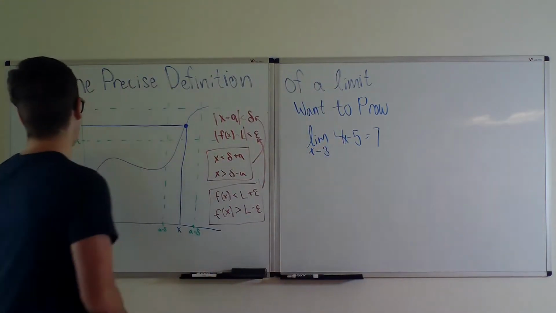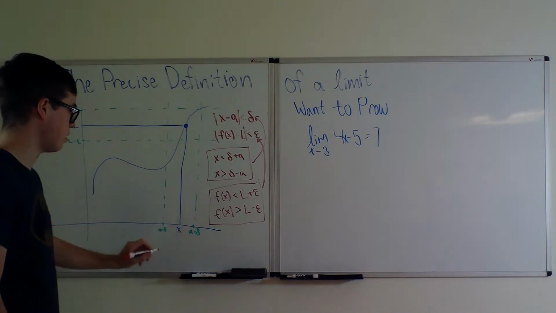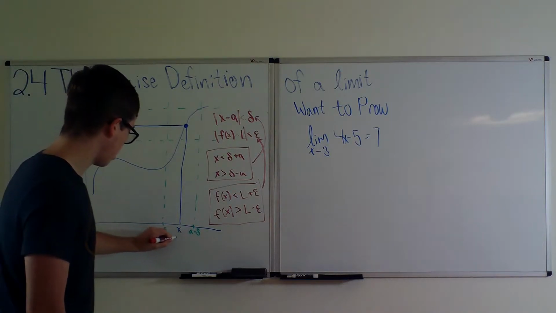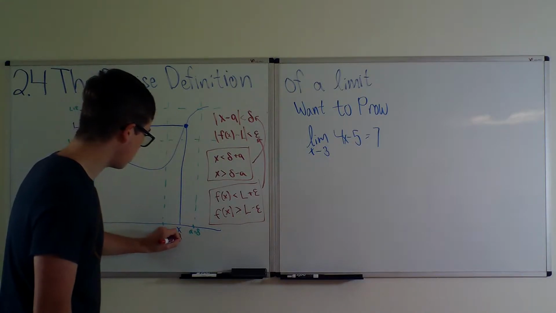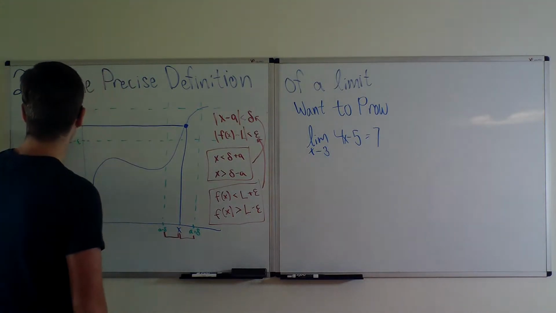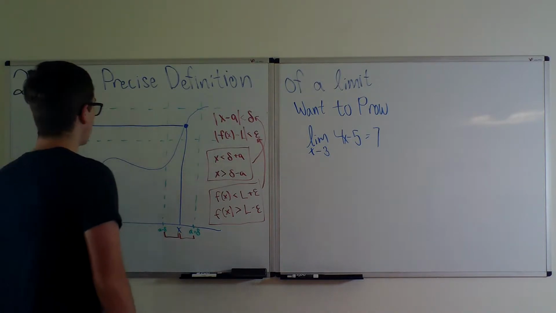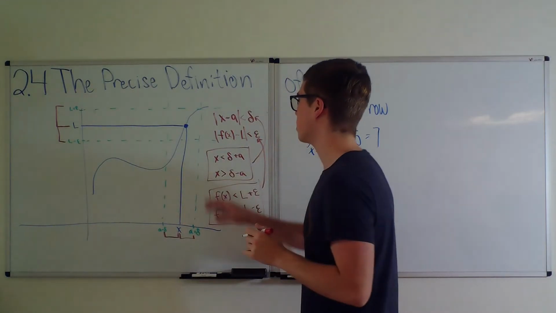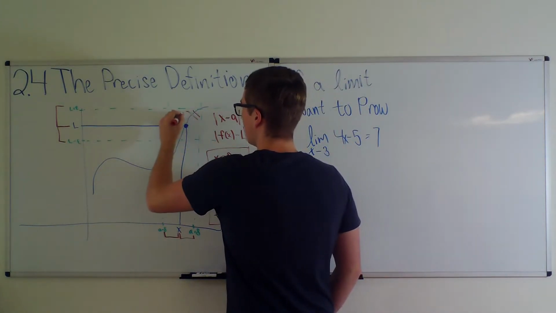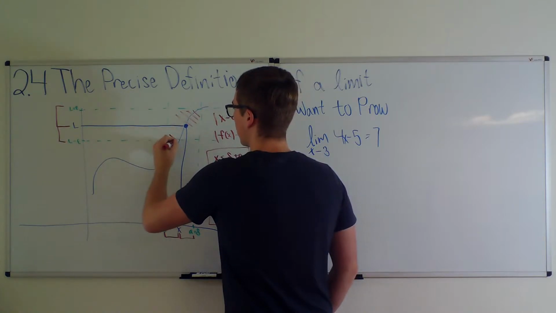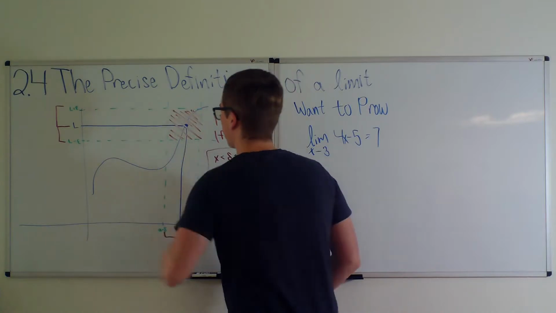So you draw your bars. You have your a minus delta and your a plus delta. They're equally spaced from x. And here are your L plus epsilon and L minus epsilon. Then, as you can see, it gives you this area right here, this square, which is all well and good.